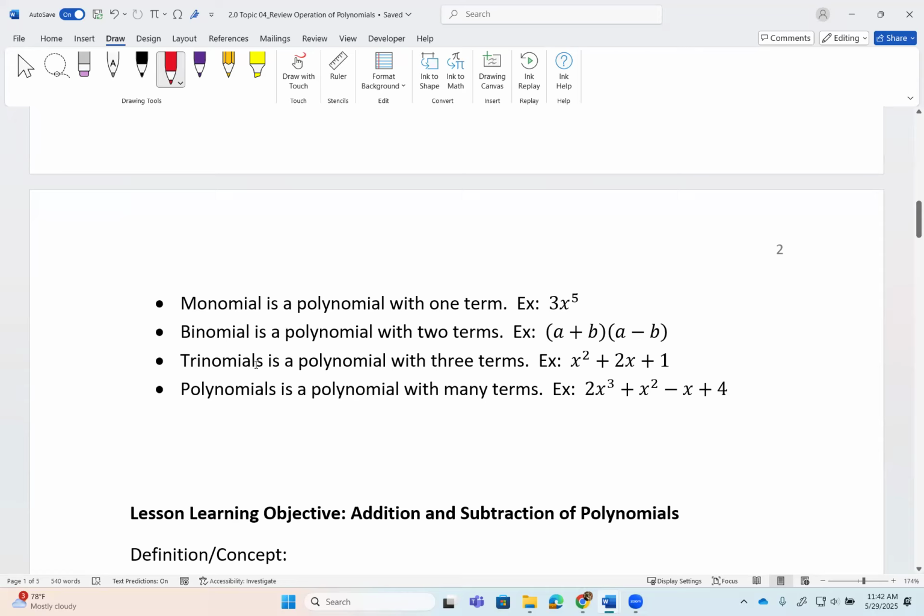A trinomial is not simply a polynomial with any three terms.